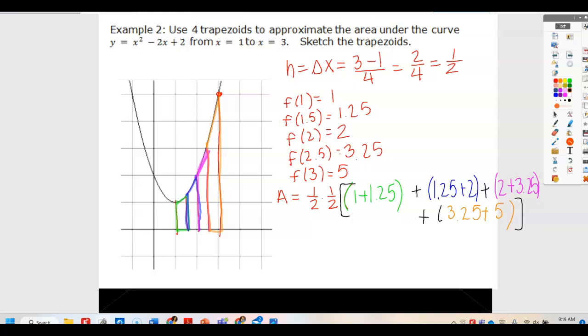So if you're doing this without a calculator, you could say, okay, half times height times the first input value plus 2 times all the interior input values. And then the last.